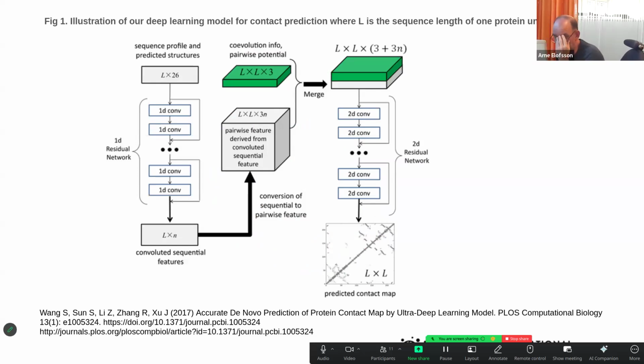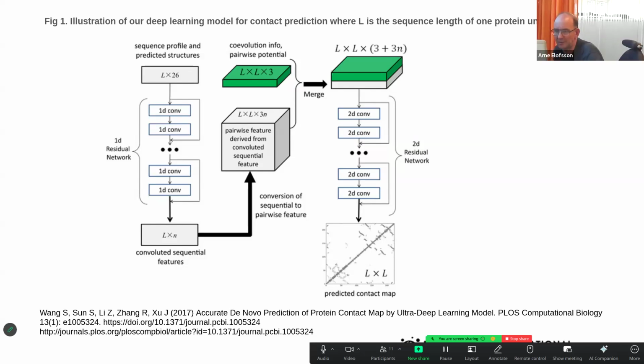In this case, it was not antigen antibodies, it was just individual proteins, yes. The question is about the inputs into this model. How can we reason about the input data in both these two models?